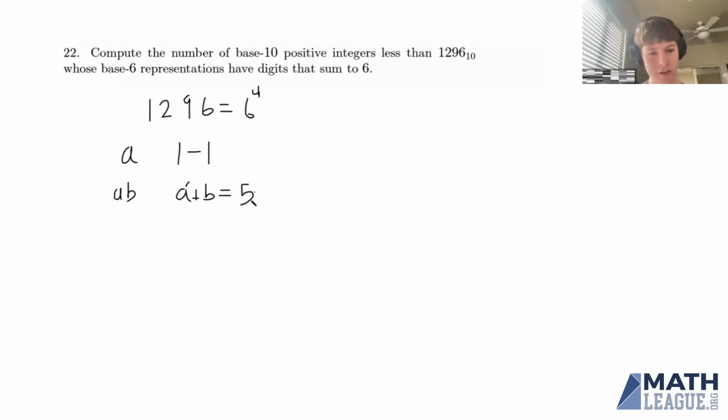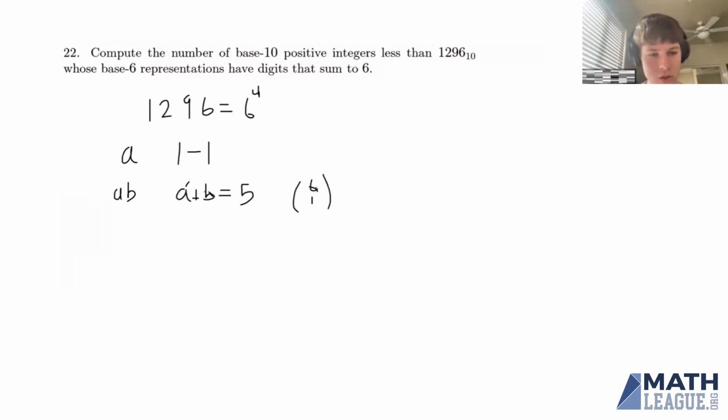And so you can use sticks and stones here. If you might be familiar with that, the way you can count this is you have one divider and 5 stones. So this would be 5 plus 1, which is 6, choose 1. And there's just one case that we have to watch for.